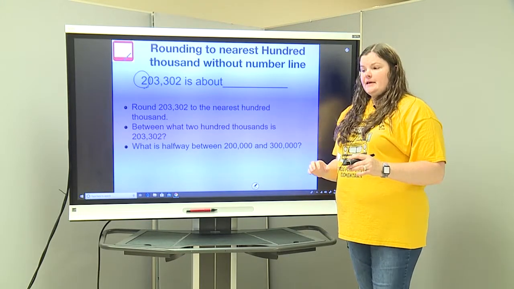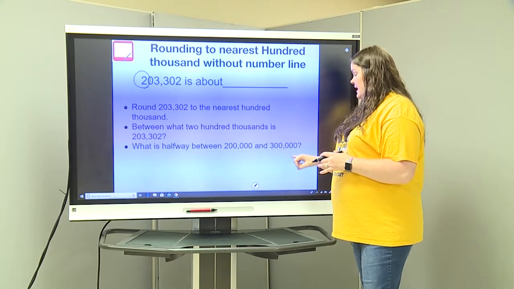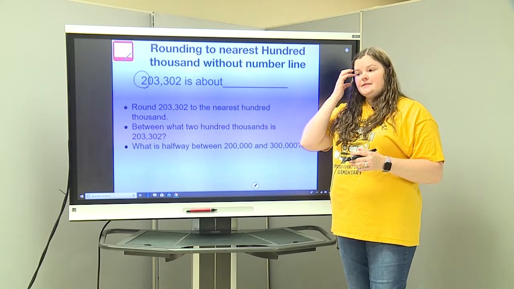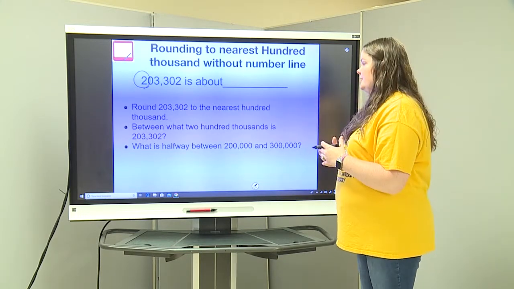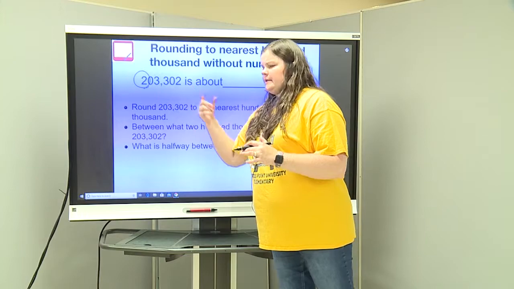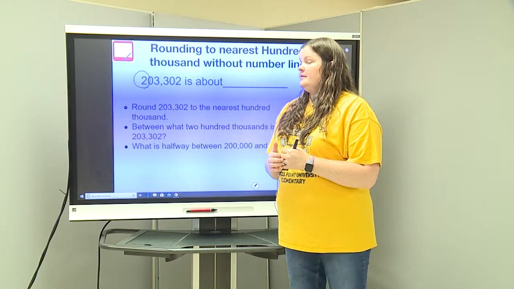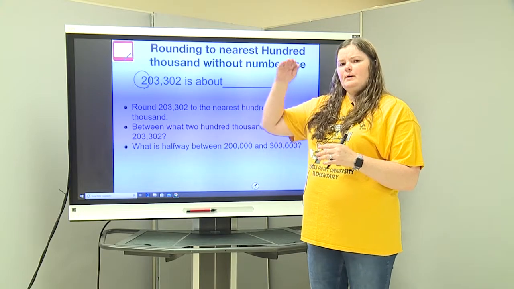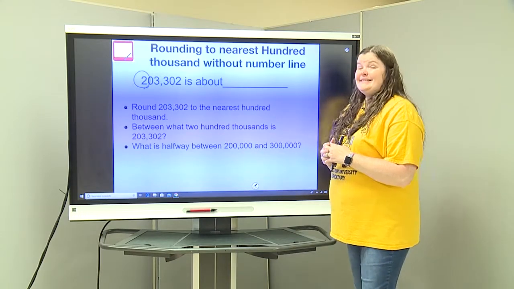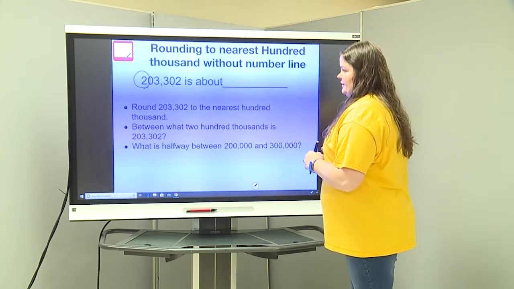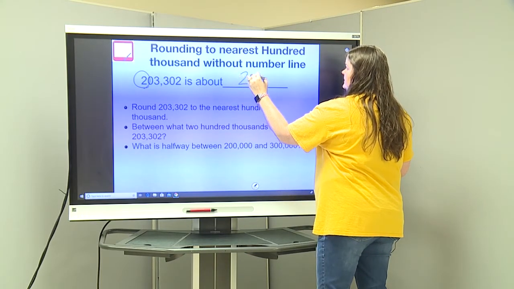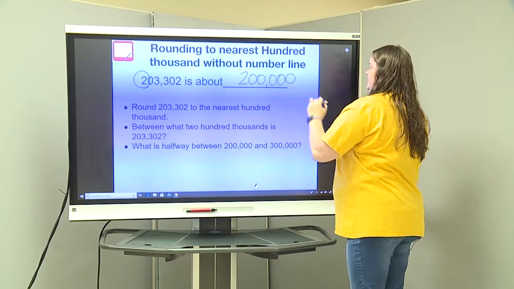In between 200,000 and 300,000 would be 250,000. Now, where would this number fall? 203,302. Do you think that's going to go above 250,000 or below 250,000? It's definitely going to go below 250,000. So if it's below the midpoint, it is about 200,000.